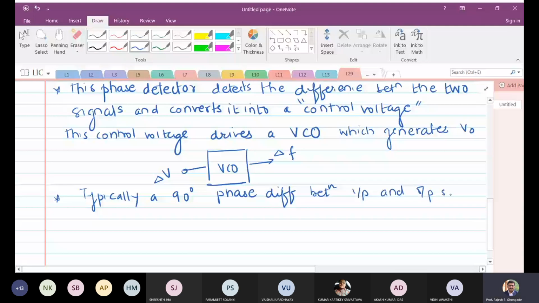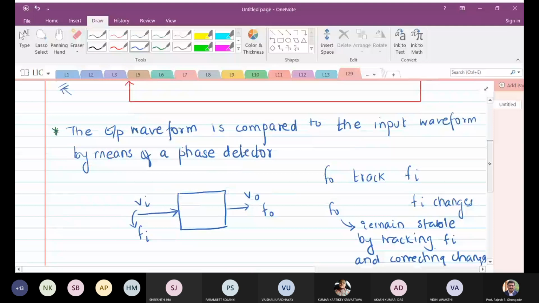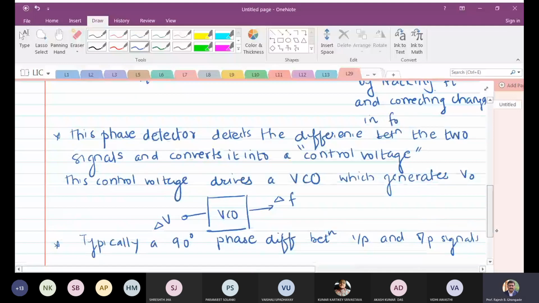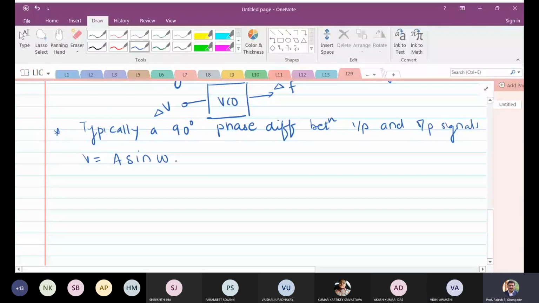By the way, you must have learned somewhere what is the equation for a sine wave? V is some A sin(omega t plus phi). What is this phi? This is the phase difference, or the phase shift.